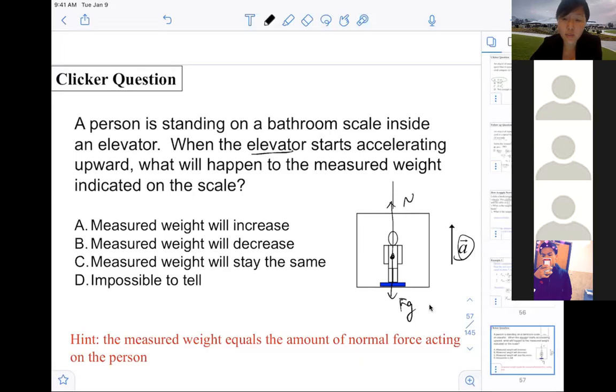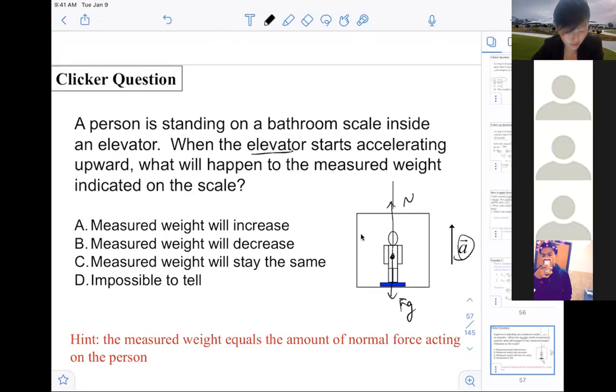All right, let's take a look at the results of our poll. All right, so the majority seem to think either we will measure an increase or it will stay the same. It's still your measured weight. If you were 120 pounds normally, then you stand in the elevator going upward, accelerating upward, you still get 120 pounds, or maybe you will measure more weight.